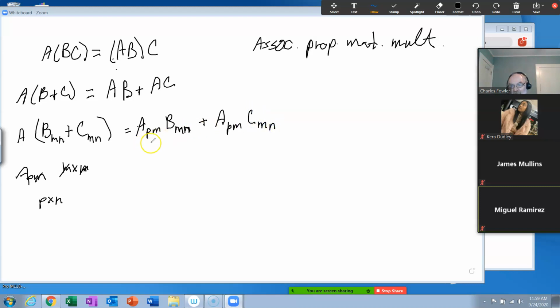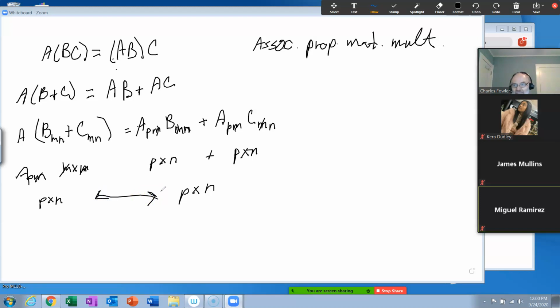In this case, it wasn't in the last one. These two are the same, so we can multiply them. These two are the same, we can multiply them. This product will be a P by n, plus this product is going to be a P by n, and the sum of two P by n's is going to be a P by n, and sure enough, those two are the same. Now, at least size-wise, this makes sense.